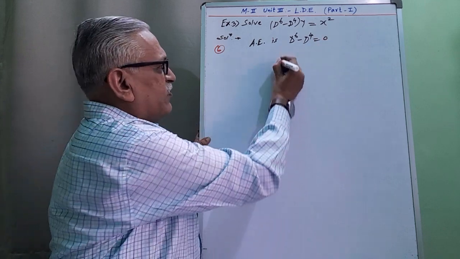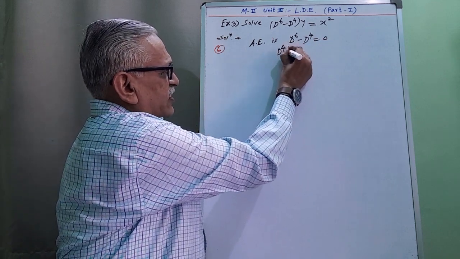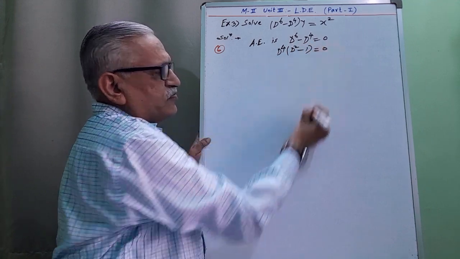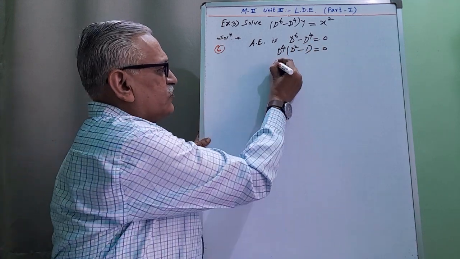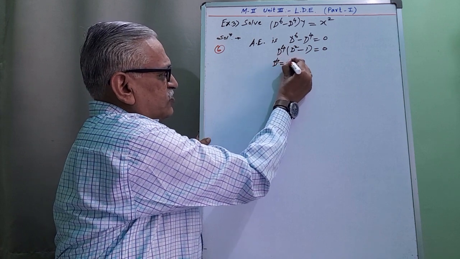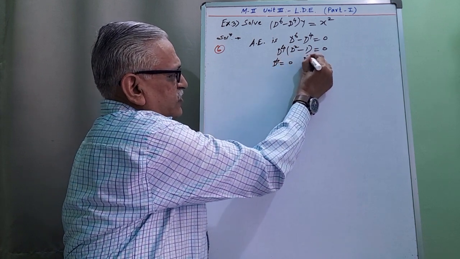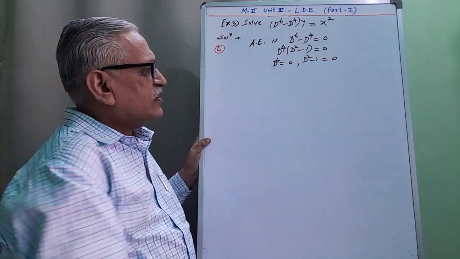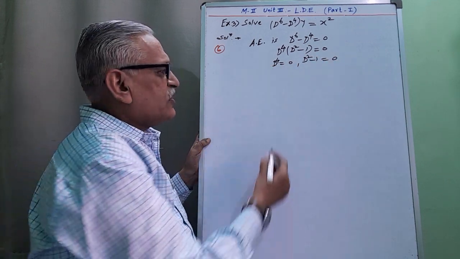Taking D raised to 4 common, we get D square minus 1 equals 0. Equating each to 0, we get D raised to 4 equals 0 and D square minus 1 equals 0.